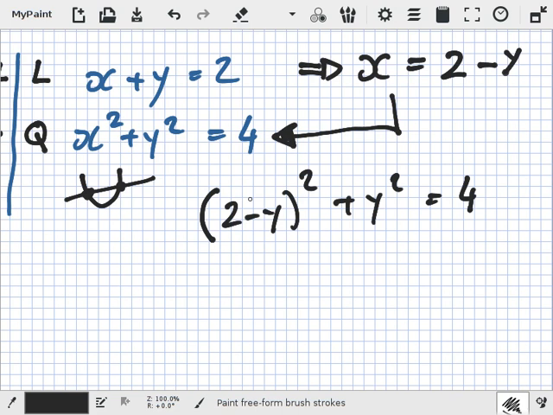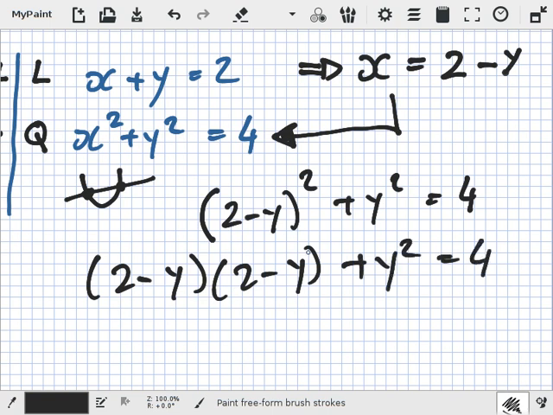You square the bracket. So what would you have then? That would be 4 plus y squared. There's a middle part here too. It's 2 minus y times 2 minus y, plus y squared equals 4. Because it's squared: 2 by 2, 4. 2 by y, 2y. Y by 2, 2y. Y by y, y squared.